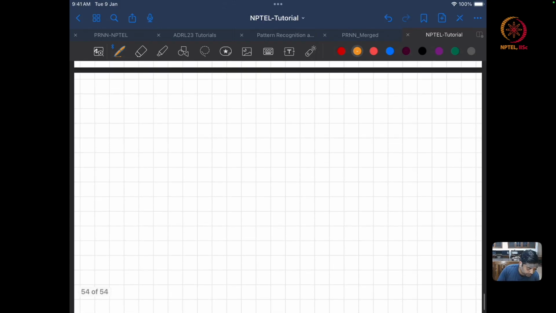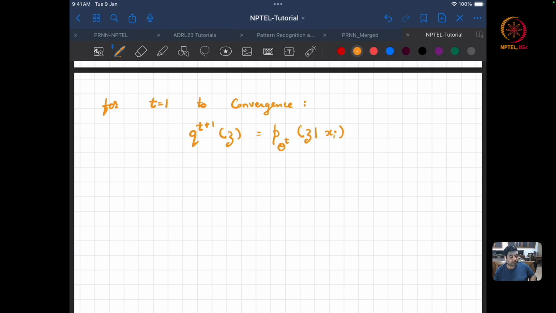The EM algorithm: for t equals 1 to convergence, q t plus 1 of z equals p theta t of z given xi.